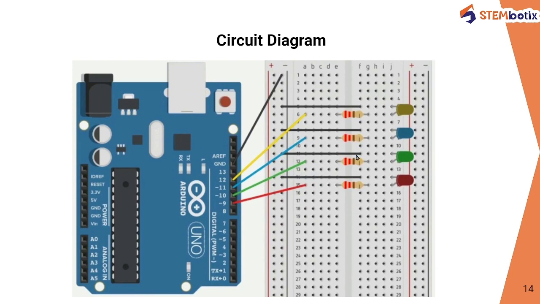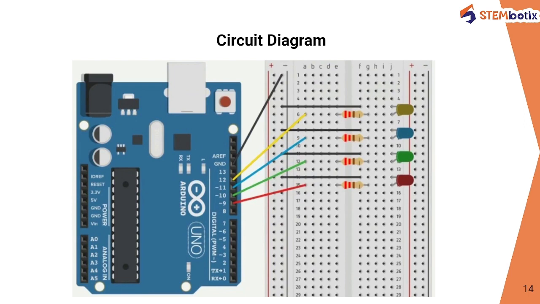Similarly, the green LED's resistor's remaining terminal is connected to pin number 10, and the red LED's resistor's remaining terminal is connected to pin number 9 on the Arduino Uno board. These are the connecting steps of the four LEDs with Arduino Uno. Now the LEDs are connected to the Arduino Uno board.